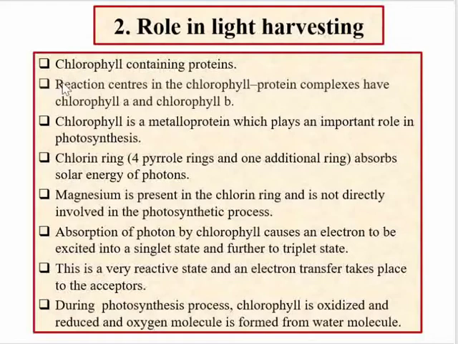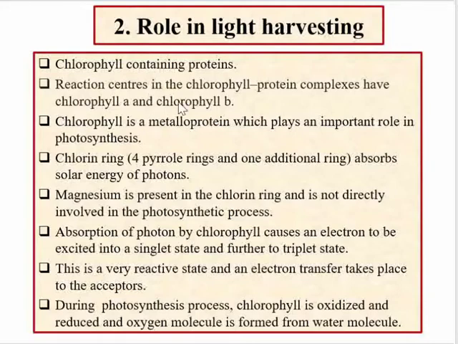In photosystem 1 and photosystem 2, there are reaction centers, which are protein complexes in which chlorophyll A and chlorophyll B are present, and they act as the antenna complex, and through this antenna, light can be harvested from the sun.